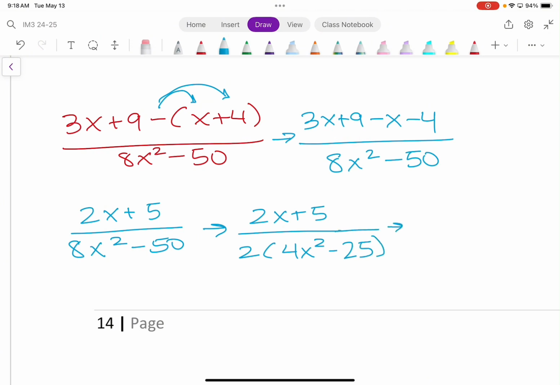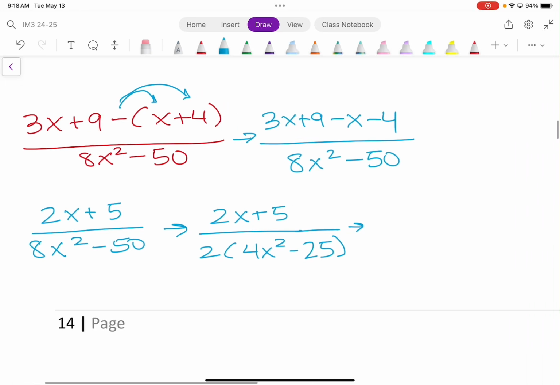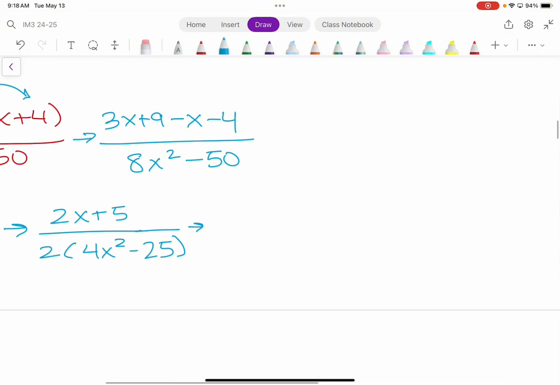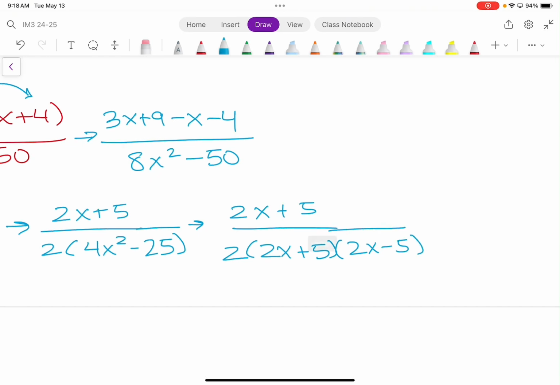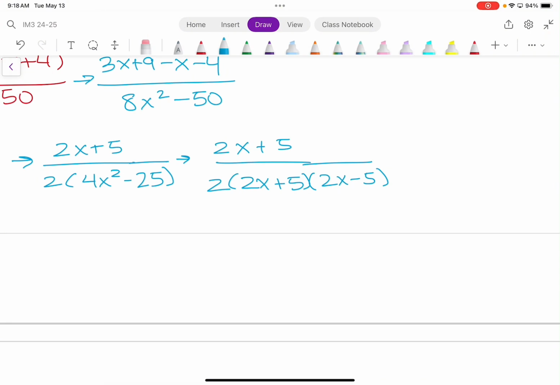Now, 4x squared and 25, these are perfect squares, so we are going to be doing a difference of squares on that. That will give us the following: 2x plus 5 over 2 parentheses 2x plus 5, 2x minus 5. And so now we can start to look at things that we can cancel out.